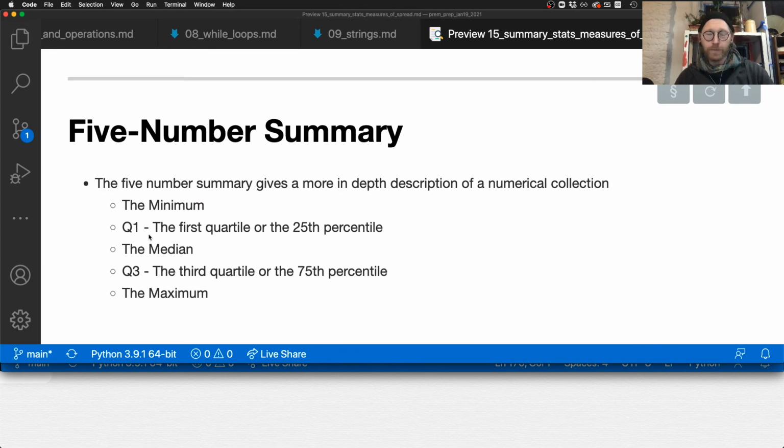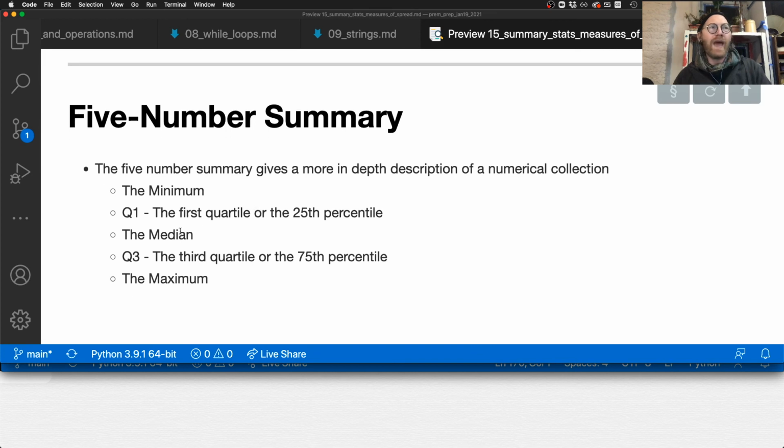That's another way to think about it. The median, which is just that middle value. Q3, which you can think of as the median between the median and the maximum, and then the maximum value.